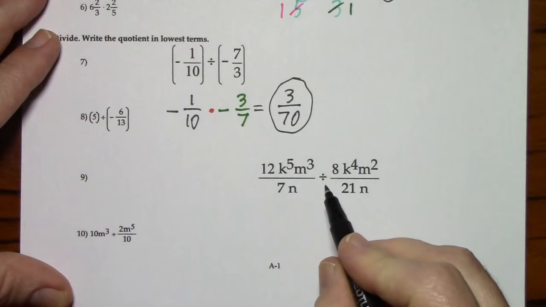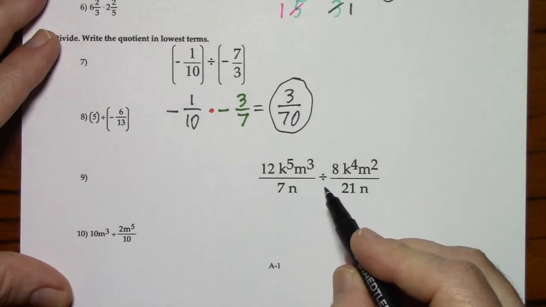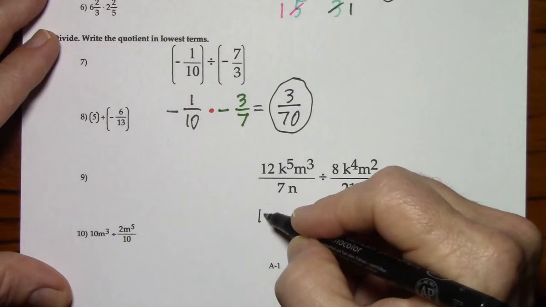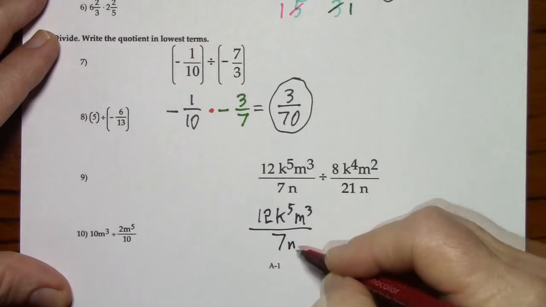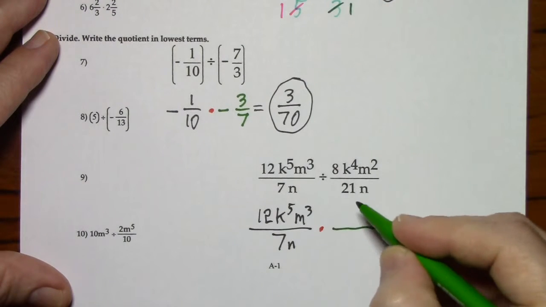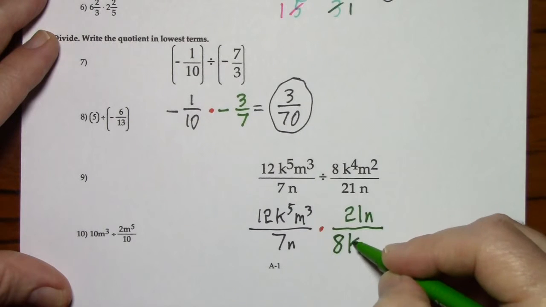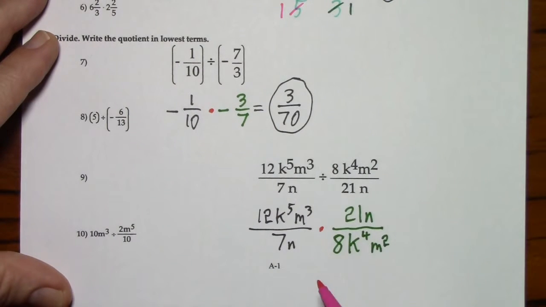Again, when you divide by a fraction, we'll flip this and multiply. So this first term stays as it is. So now we have 21n. Looking for common factors, first I'll focus on the coefficients.